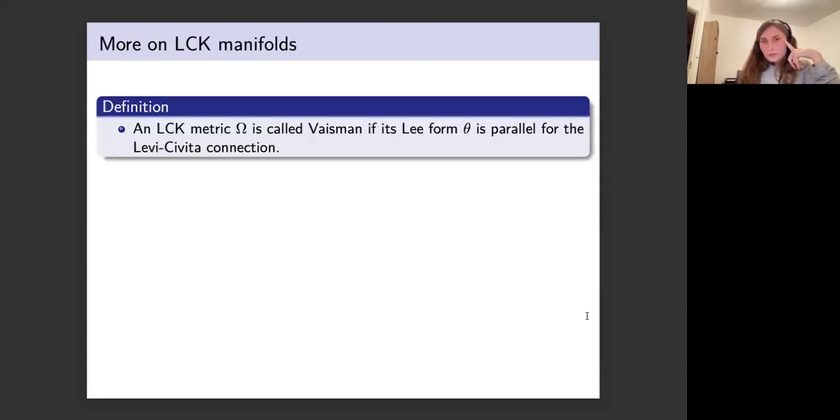So just a bit more on LCK manifolds, which should also motivate the study of new examples, in particular of Kato manifolds. There is a special class of LCK metrics, a class of metrics which is no longer conformally invariant, which are called the Vaisman metrics. You usually say that this is the case when the Lee form is parallel for the Levi-Civita connection.